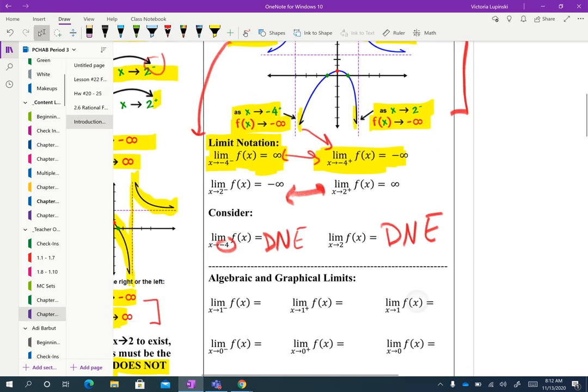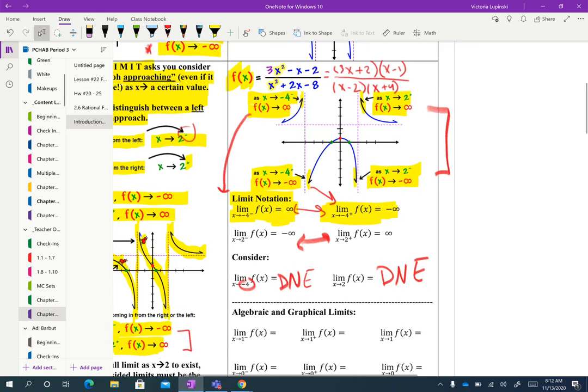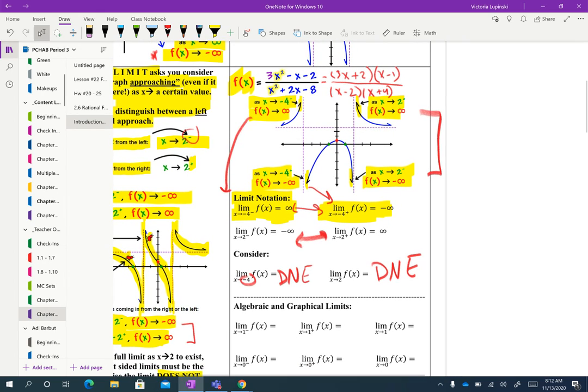So taking a look at the limit as x goes to 1 from the left-hand side. As we take a look at where x equals 1 is, that appears to be here. As we approach from the left-hand side, we're getting closer and closer to the actual value.